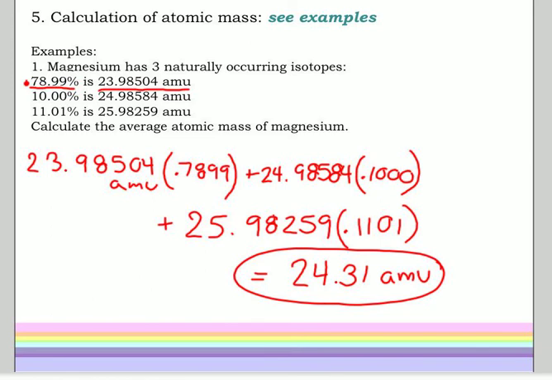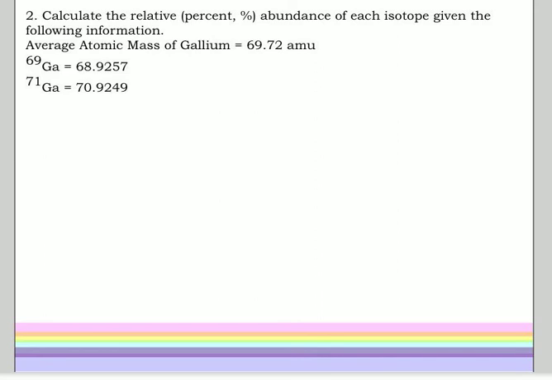All right. And then the other one we're going to do is just the gallium one for today, just so you've seen it before. Right here we want to calculate the percent abundance. In the last one they told us the percentages, 78%, 27%, whatever. This time we need to figure it out. You can only do this type of problem if there's only 2 isotopes that are common. I can't give you one with 7 or something.